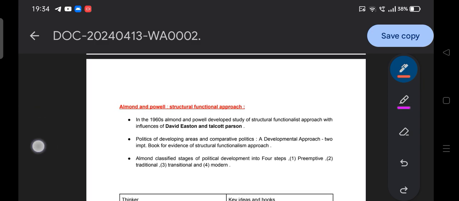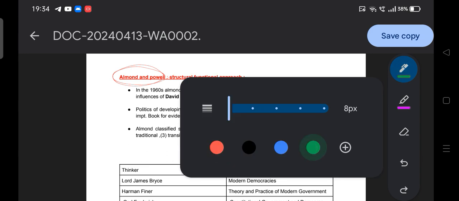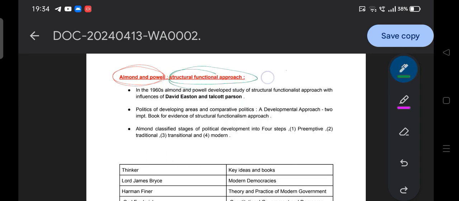Then moving to the next point, Almond and Powell, the structural functionalism approach. In the 1960s, Almond and Powell developed the study of the structural functionalism approach with influence from David Easton and Talcott Parsons. One hierarchy you need to remember: first, Talcott Parsons talked about the system, the systems approach, the structural functional approach.